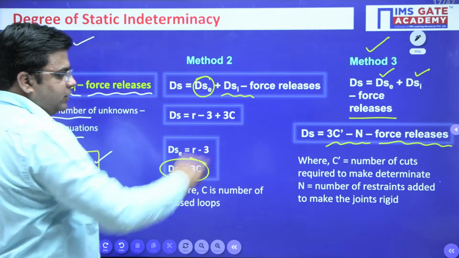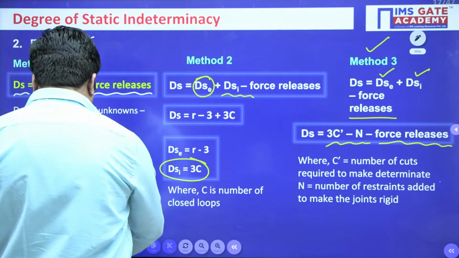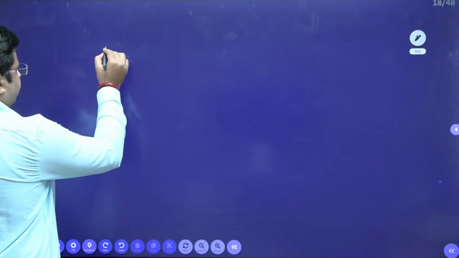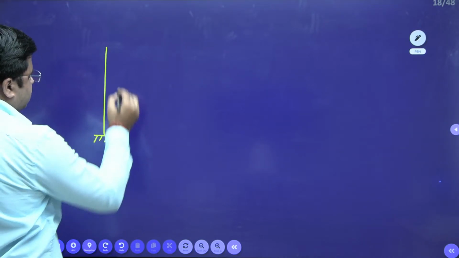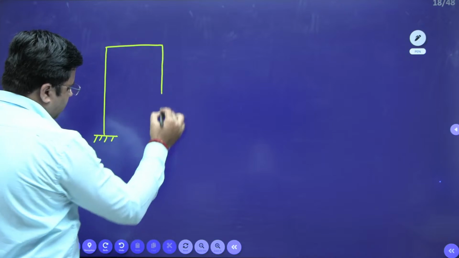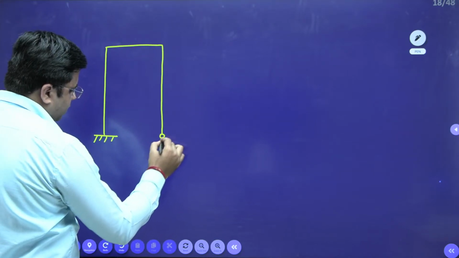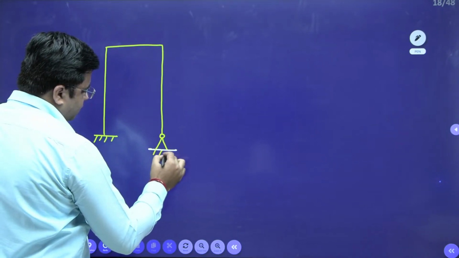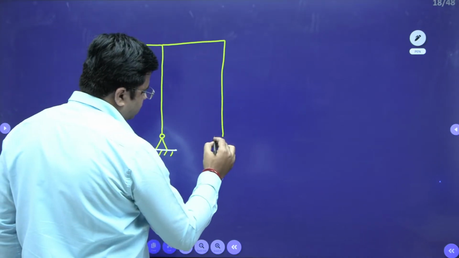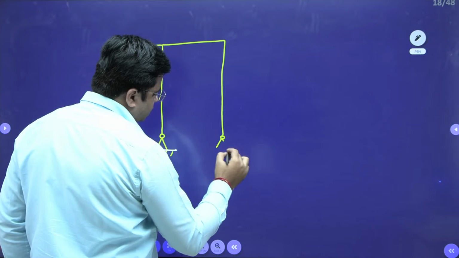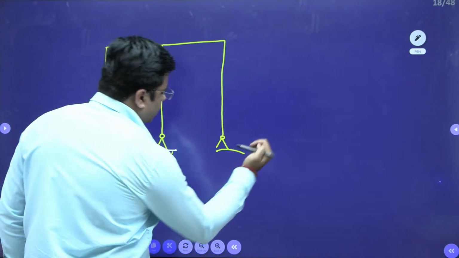Now, what is this C dash? Please see. If I have a structure like this, let me take a roller support.